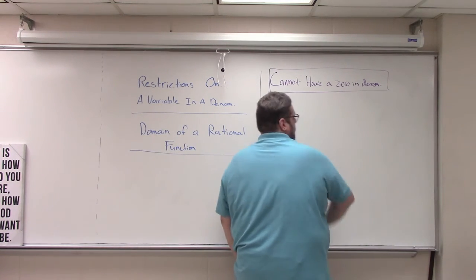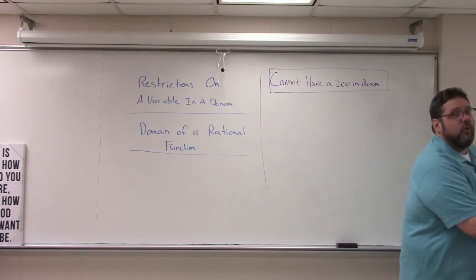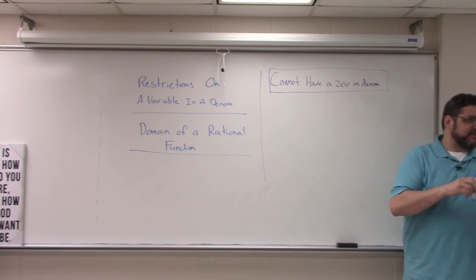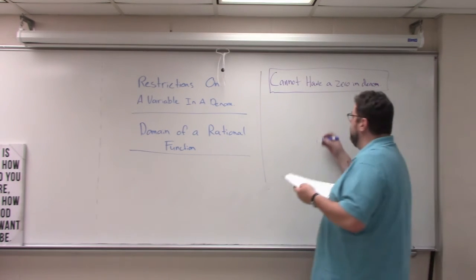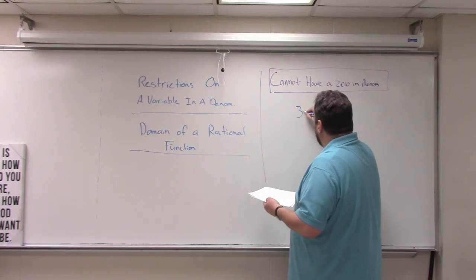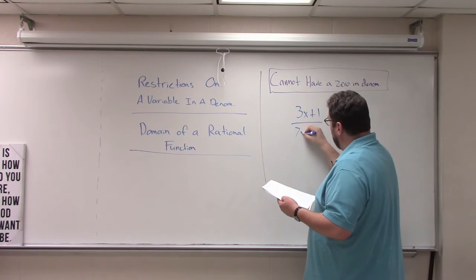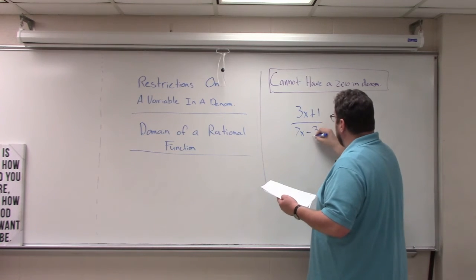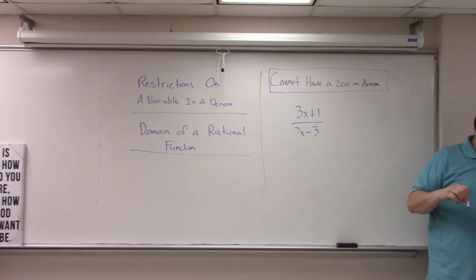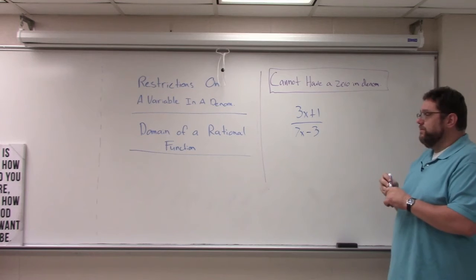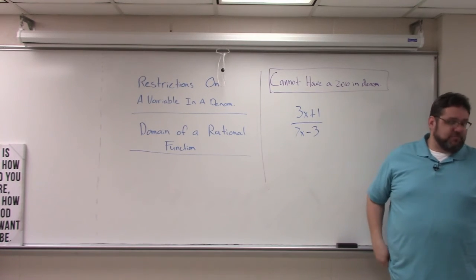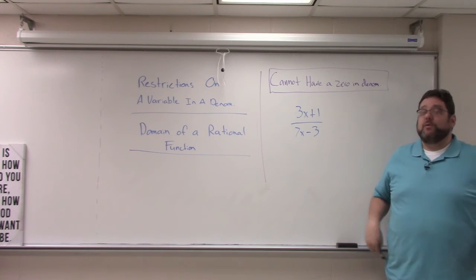All right. So let's say it's not quite as easy as that one. Let's say we're given an expression like (3x plus 1) over (7x minus 3). If we want to figure out the restriction, there's pretty much a pattern we can always follow.